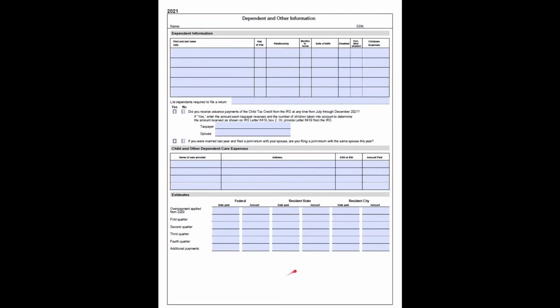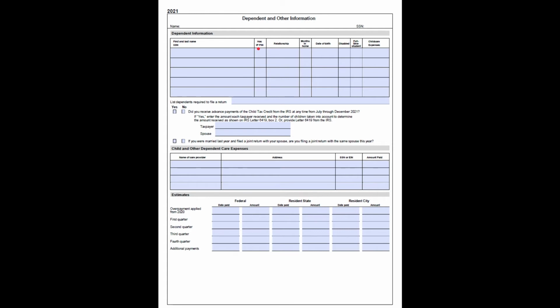All right. So now we are looking at dependent and other information. A lot of information here is going to be fairly straightforward. Here you're going to be listing the first and last name of the dependent as well as their social security number. It's not the same as the IP PIN, but same idea.